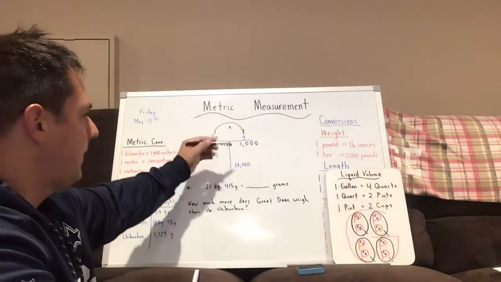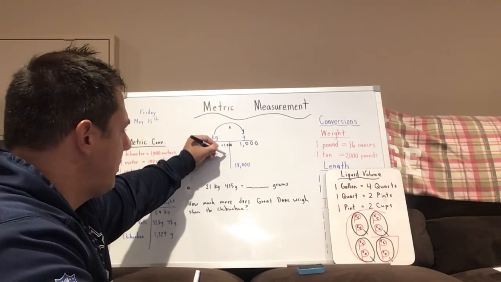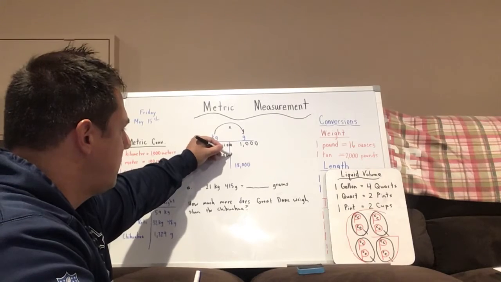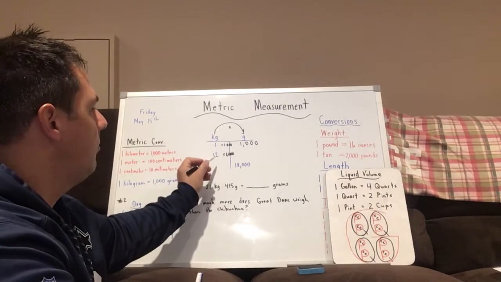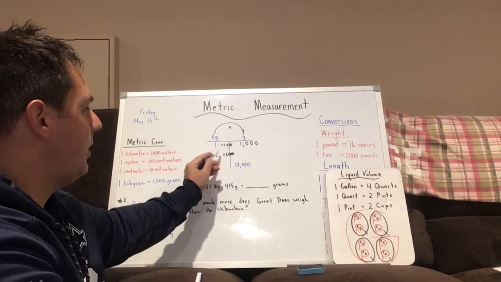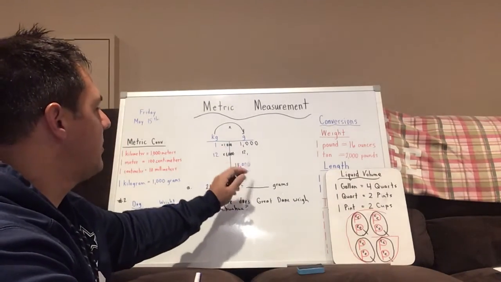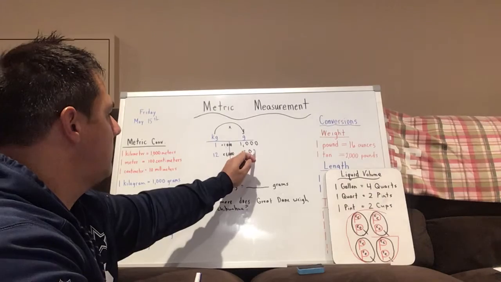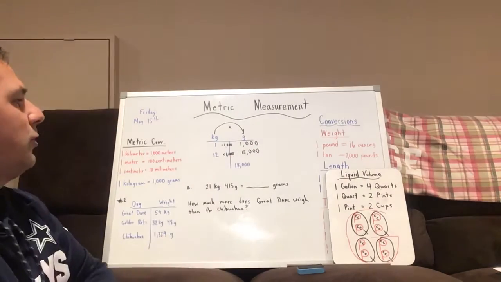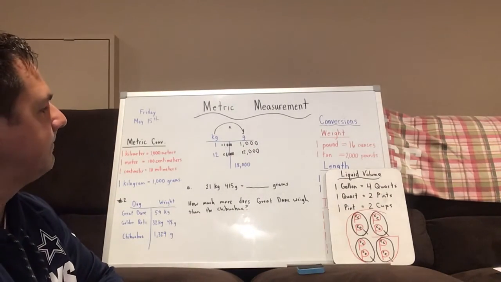Again, now I have 12 kilograms. So again, I'm going from a bigger unit to a smaller unit. So I'm going to multiply by 1,000. I know when I'm multiplying by 1,000, just do 12 times 1, which is 12. And then I count my zeros, 1, 2, 3, and add them at the end. And the answer would be 12,000.